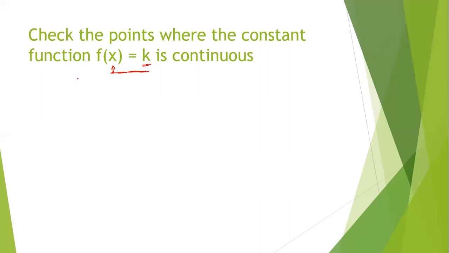So at any real number, its value is k. So whatever real number you take, the value is equal to k, because this is a constant function. The functional value is fixed.